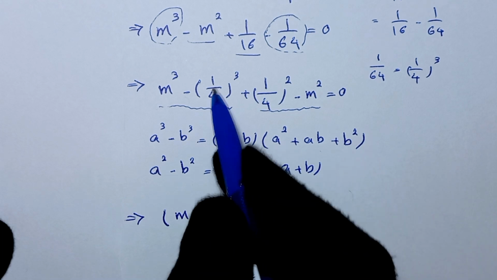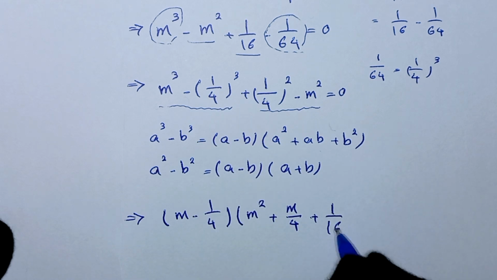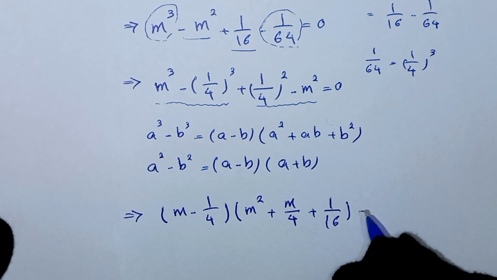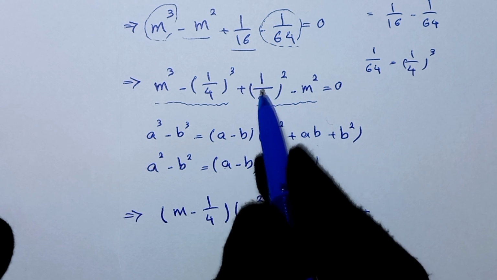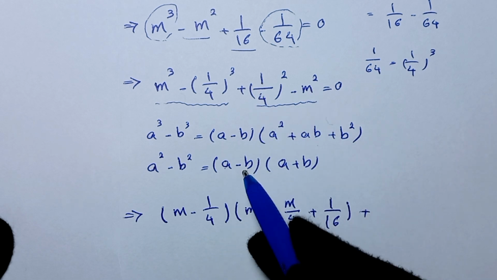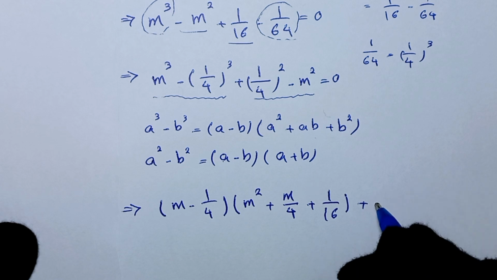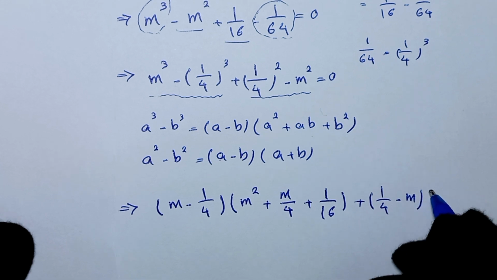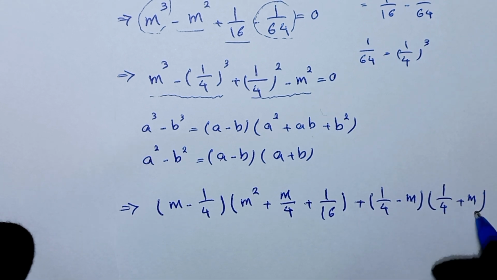B squared here is 1 over 4 squared, and 1 over 4 squared is 1 over 16, okay? And plus, in this form, a is 1 over 4 and m here is b, okay? So a minus b is 1 over 4 minus m, and 1 over 4 plus m, okay?